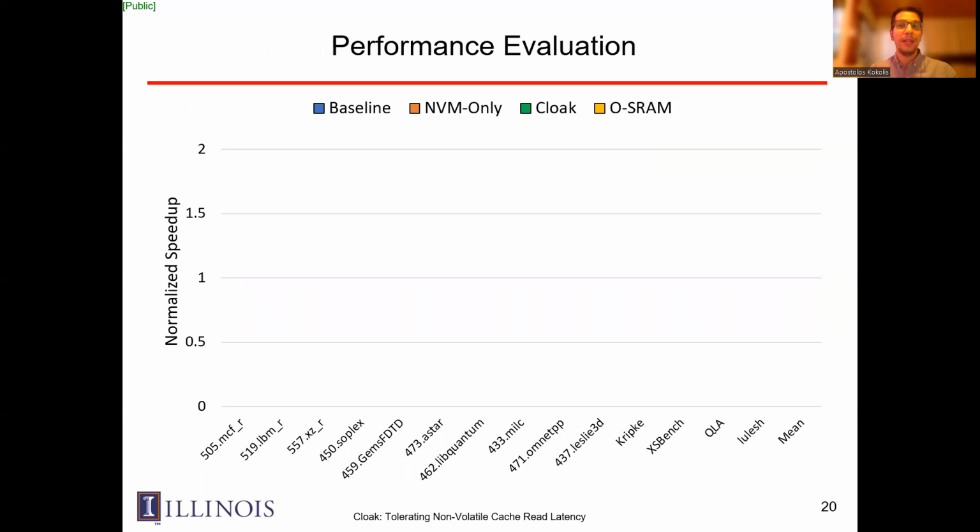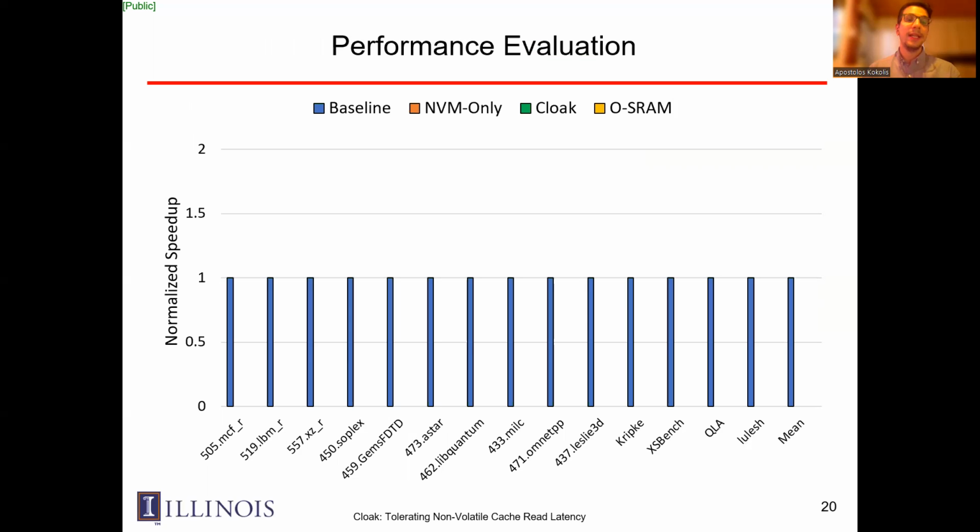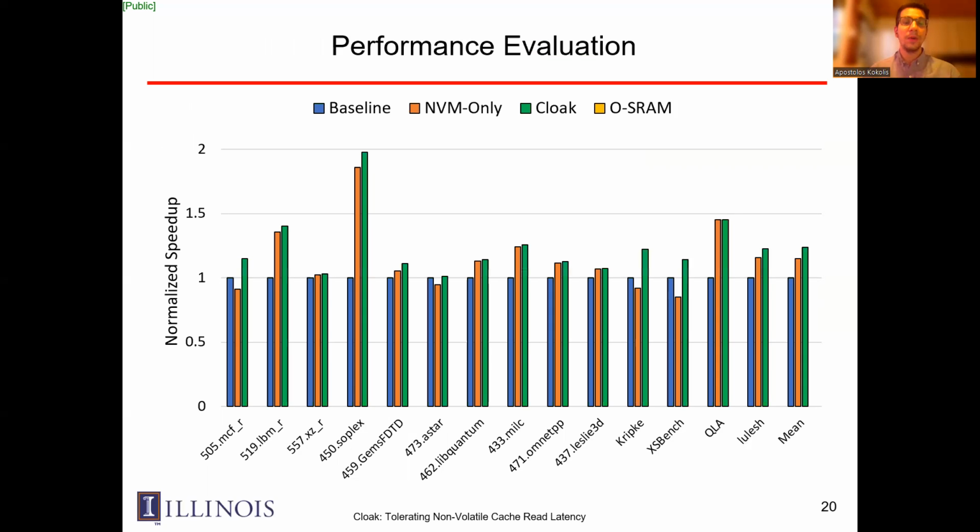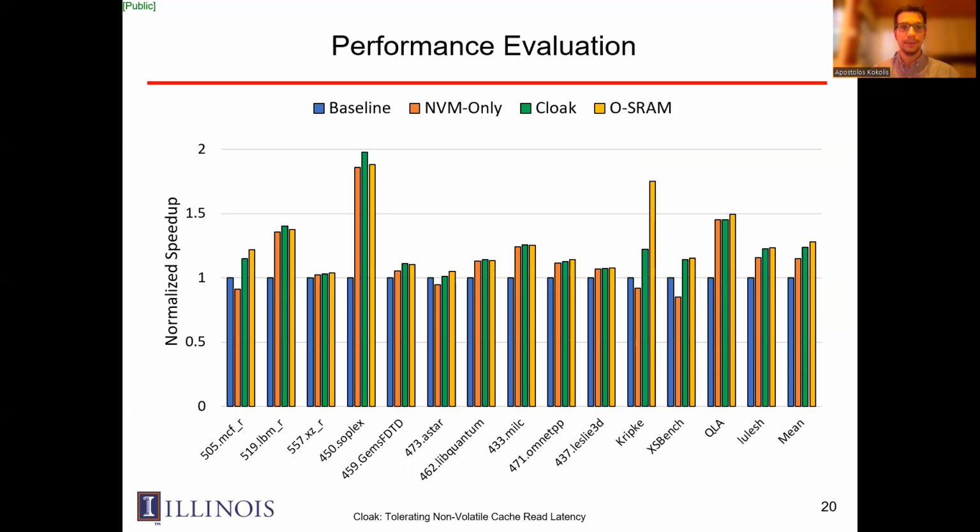For our performance evaluation, we compare the 4 different designs: the baseline, the NVM-only, Cloak, and the optimistic SRAM design. All the results are normalized to the baseline configuration.